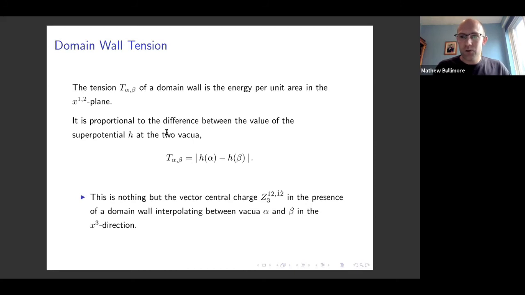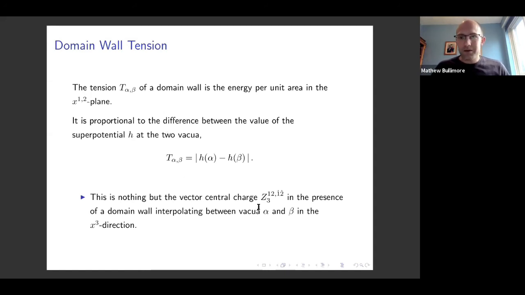So this is a natural quantity when you're studying gradient flow. It's the difference between the values of the function at the two vacua. And this is the tension of a BPS domain wall.